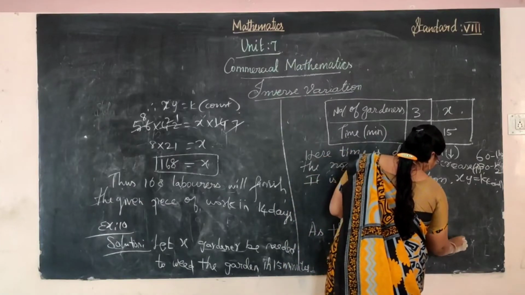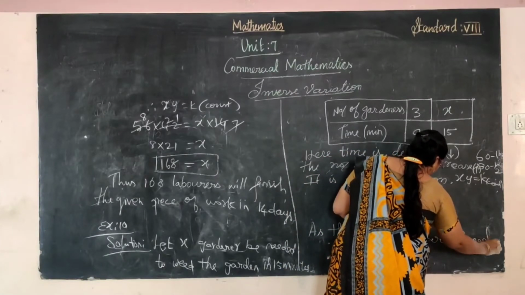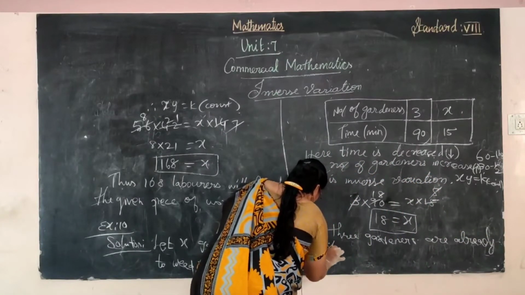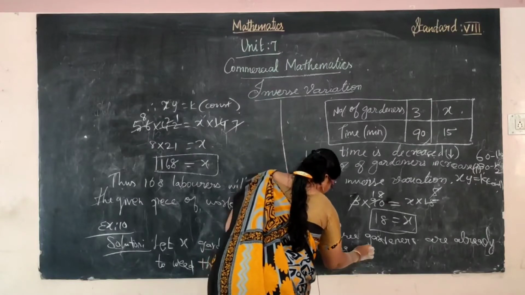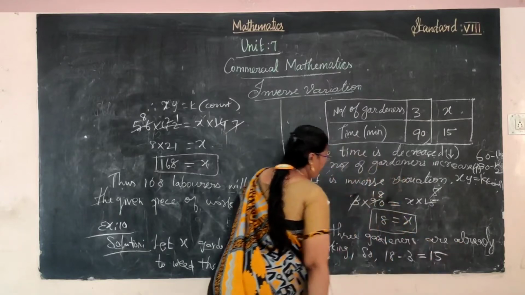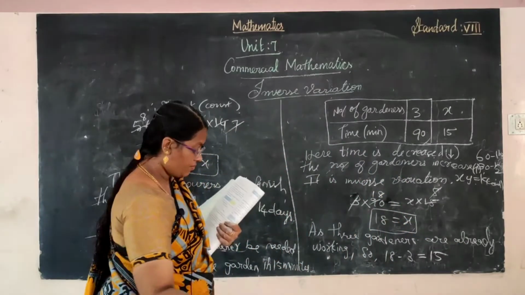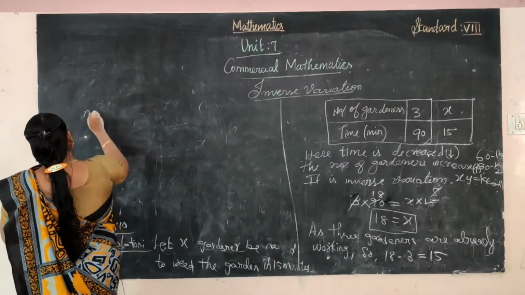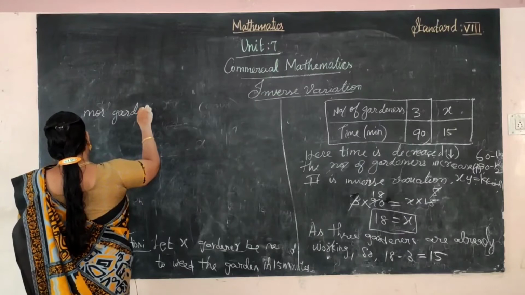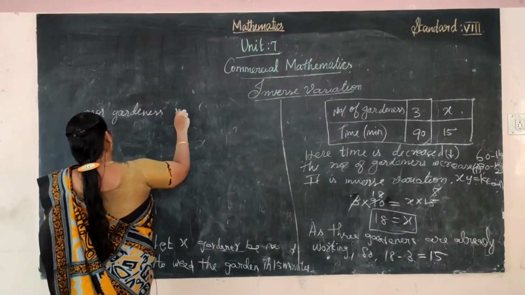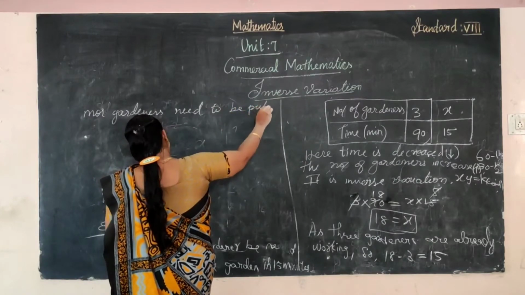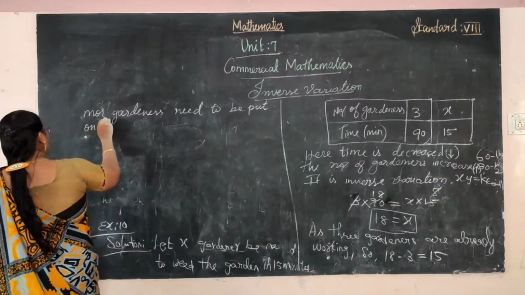So 18 minus 3 is equal to 15. 15 more gardeners needed to be put on the job.